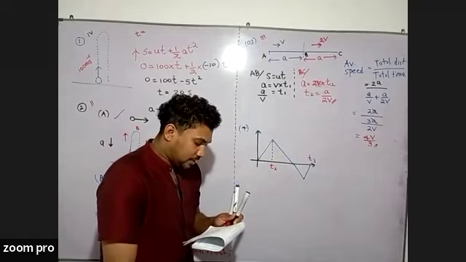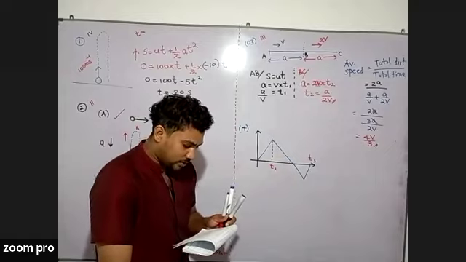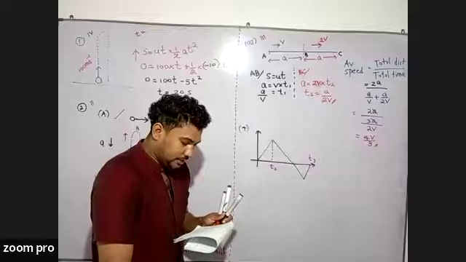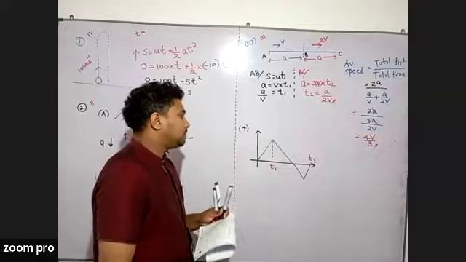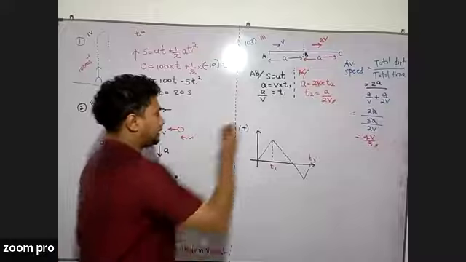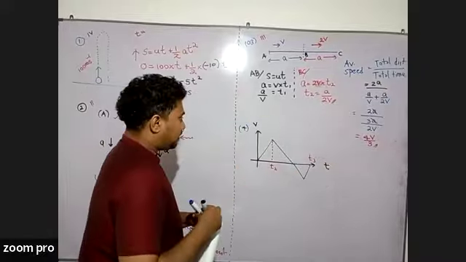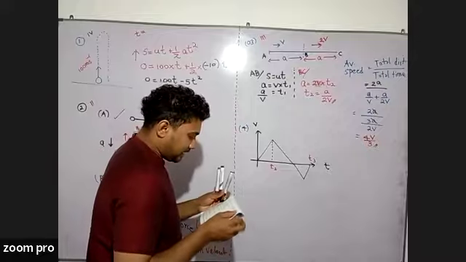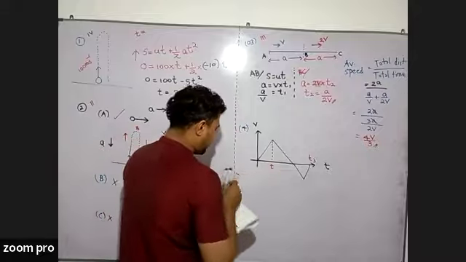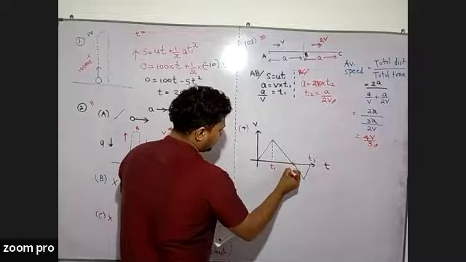A particle comes to rest only at time t3. No, because this graph represents the velocity-time graph. So you can figure out that t1 should be here, and this is t2.